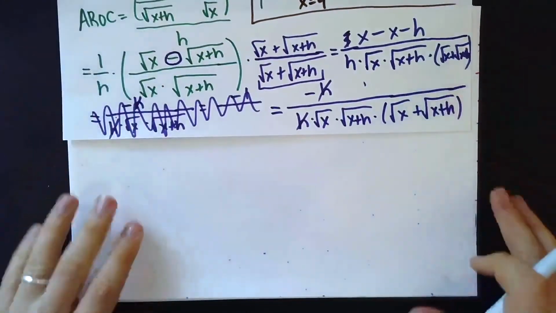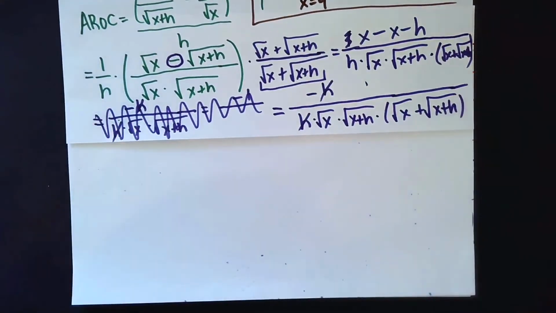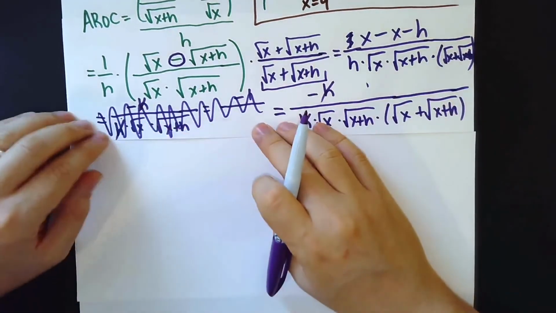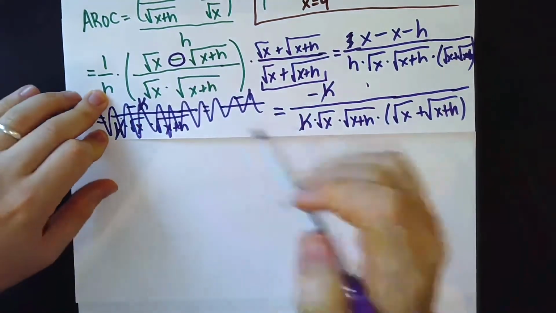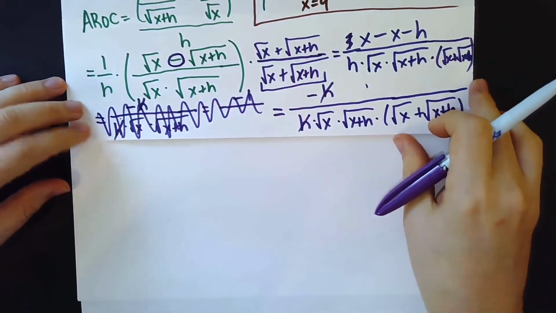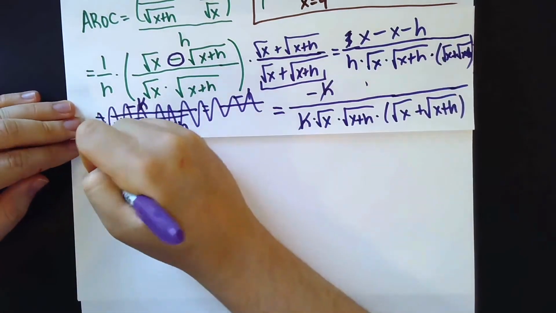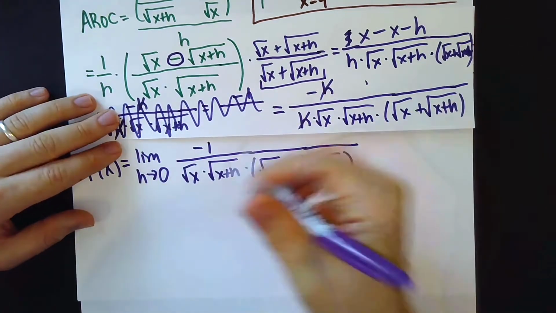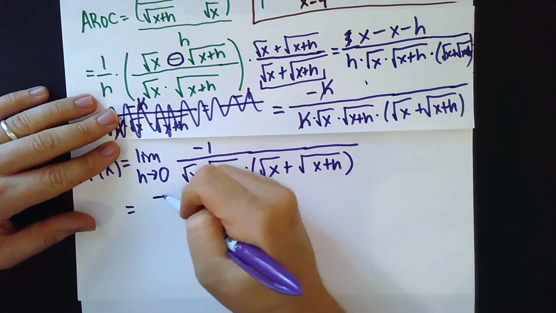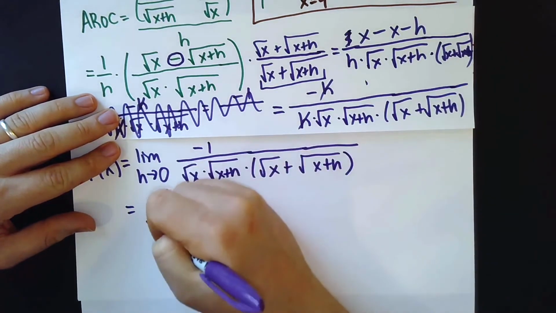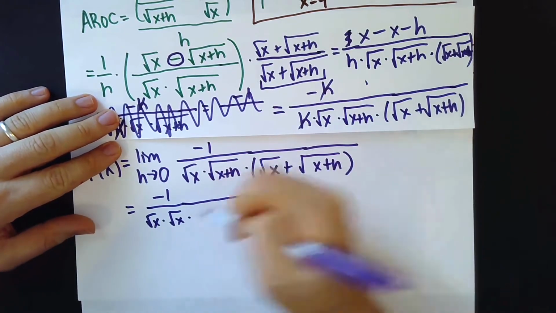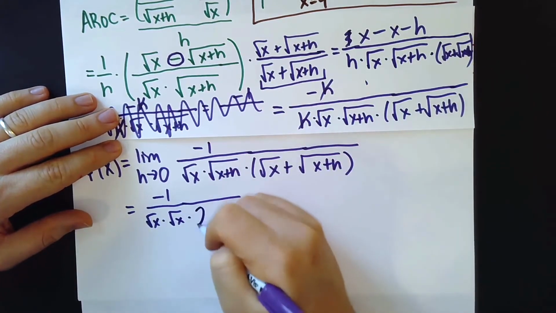But I am not to my derivative yet. Because to actually calculate the derivative, I have to go one step further than just canceling the h out of my average rate of change. Namely, I have to take the limit as h goes to 0 of that thing, which is going to be minus 1 over the square root of x times the square root of x times twice the square root of x.